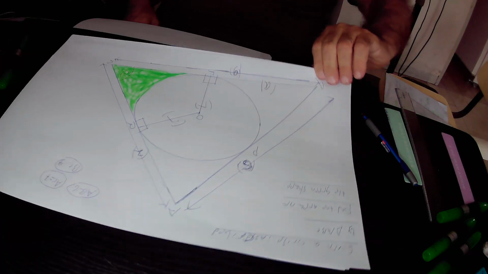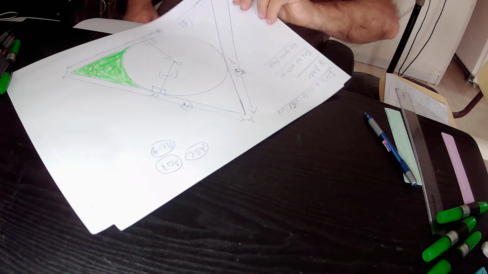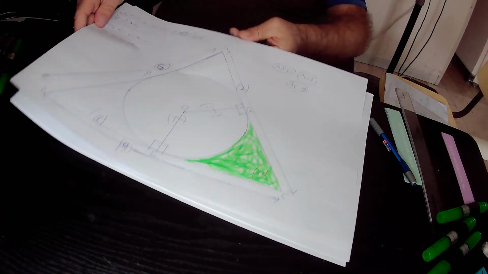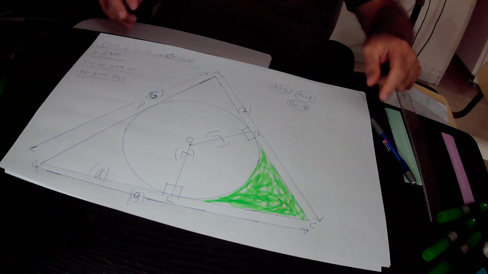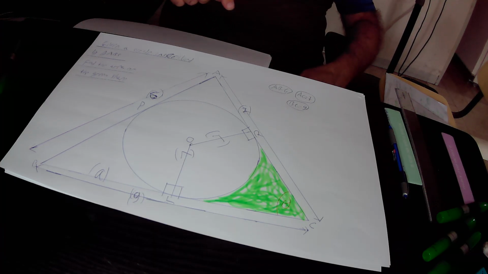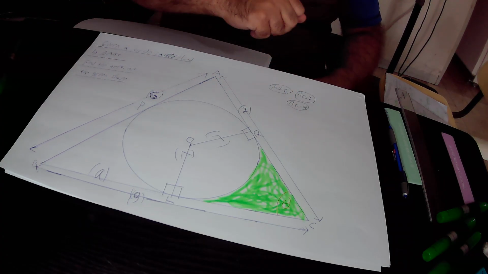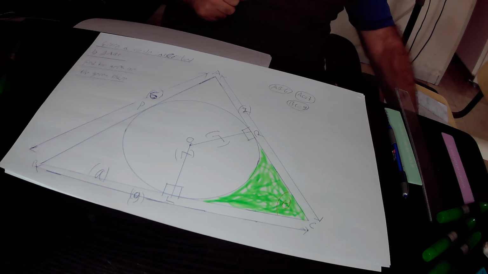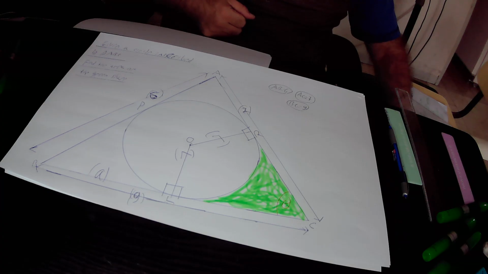So we can implement rule 2. Now triangle ABC. We have the circle. It has a couple of common external points, and therefore we can implement here rule 2.